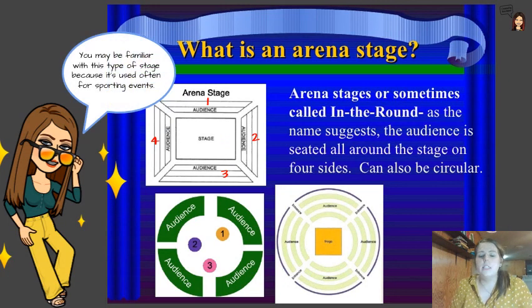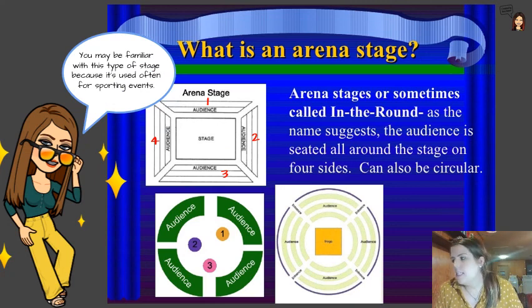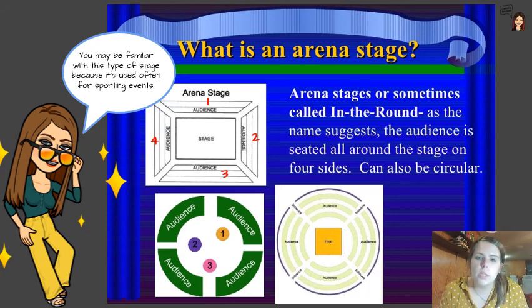Okay, so the next stage that we're going to talk about is called the arena stage. This stage is sometimes called in the round. So that would be your second bullet point under arena stage. The reason why it's sometimes called that is because sometimes it's circular, so therefore it's round.